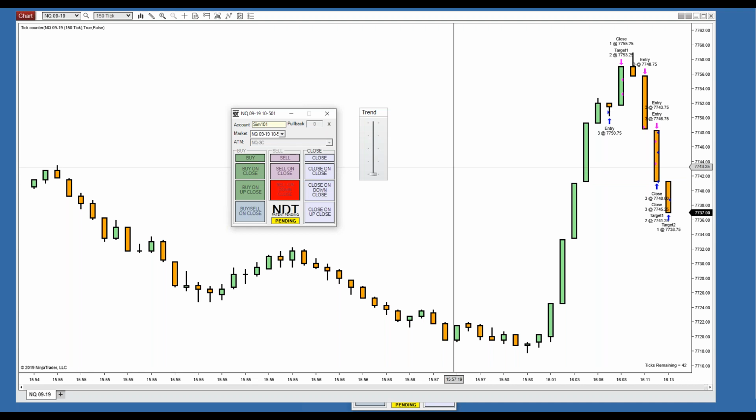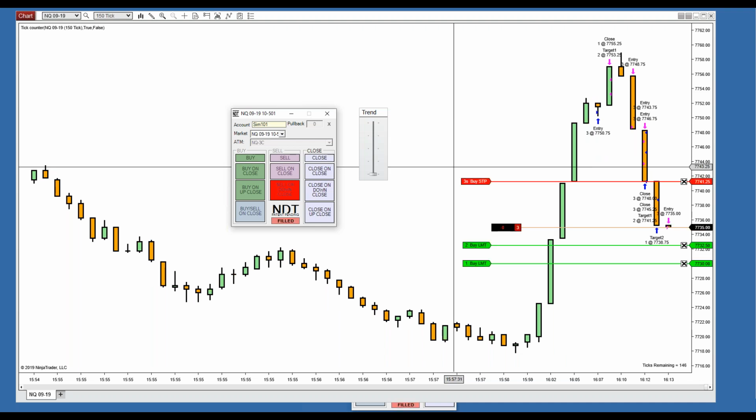And it's going to execute a trade right as the tick counter hits 0. There it is. Exactly at 0.